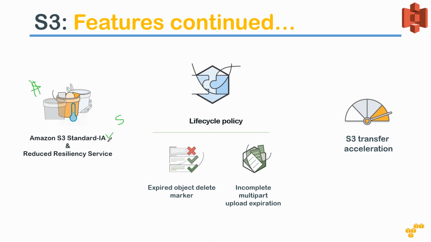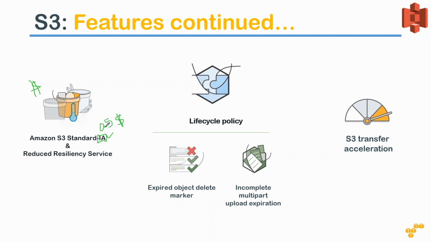And if you tell Amazon, I'm going to access these objects infrequently, I'm not going to access them every day, probably once in 10 days or once in 20 days, in other words standard infrequent access, which is what IA means, you are going to get a little cheaper rate for this. So this is like $0.5.